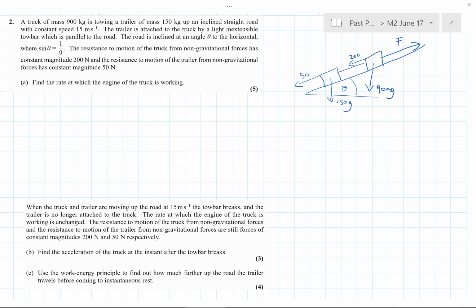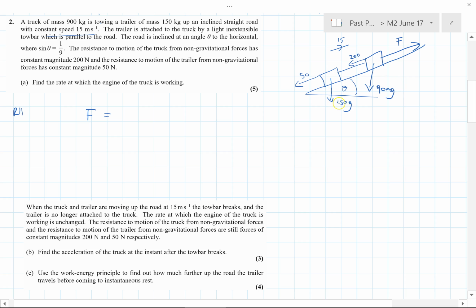The one thing it's saying first of all is it's going at constant speed, 15 meters per second. So that means that it's in equilibrium, forces up equals forces down. So resolving parallel to the slope, we've got the force upwards, up the slope, which is F. It's going to be equal to all the forces downwards.